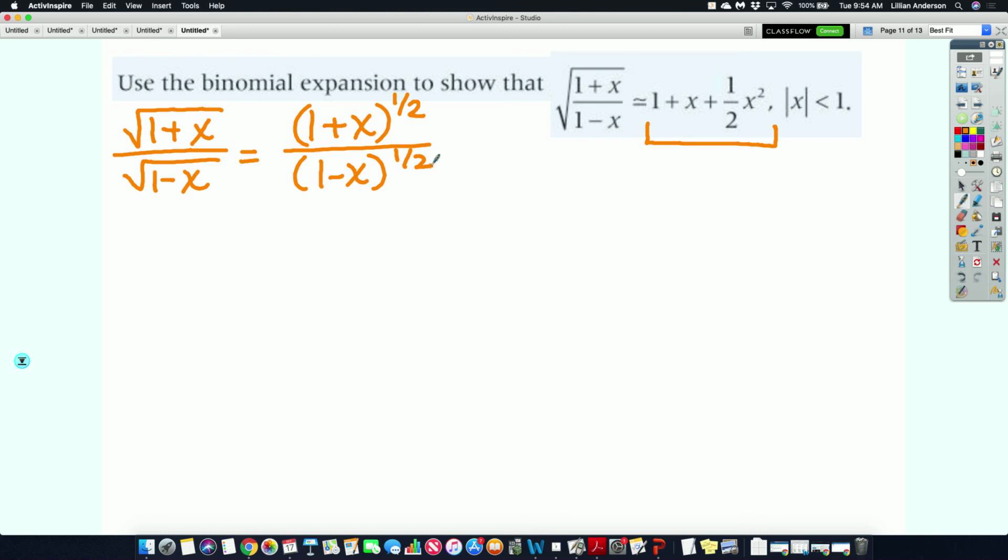Now, just like the last problem, we couldn't have that square root in the denominator. So what do we have to do to get it out of the denominator? Then we apply the negative and bring it up. Yes. We can do the same thing here. So we'll have 1 plus x to the 1/2 power, and then 1 minus x to the negative 1/2 power.